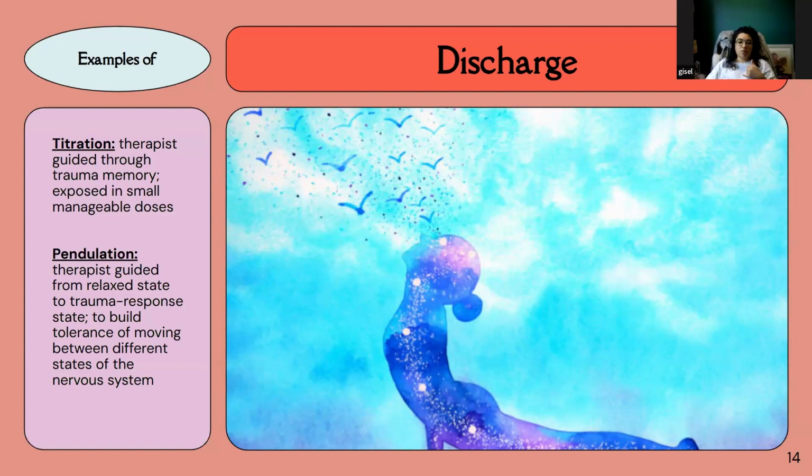It's to help build that tolerance and the empowerment that a client can get through these fluctuations, right? And then titration is where a therapist will guide a client through small doses of a particular trauma memory.